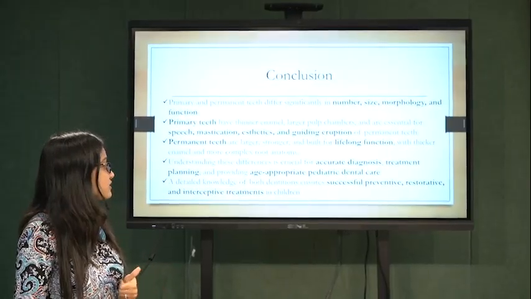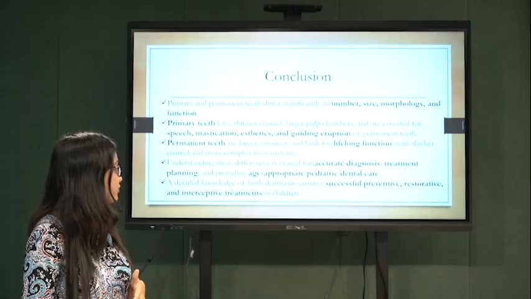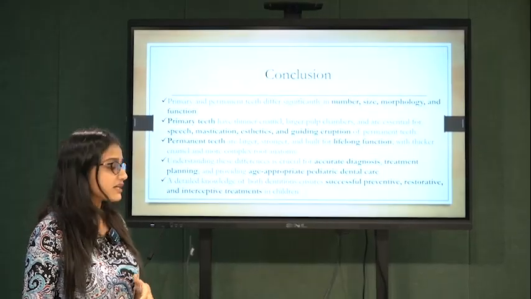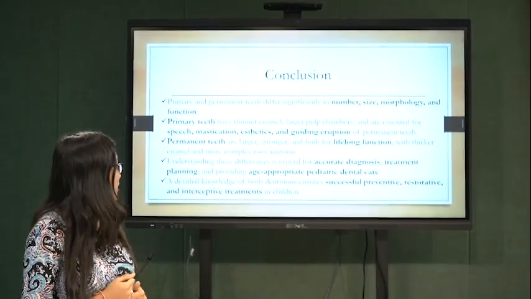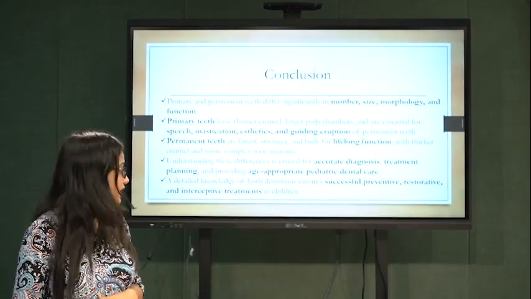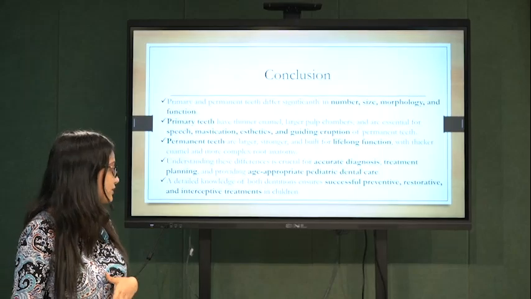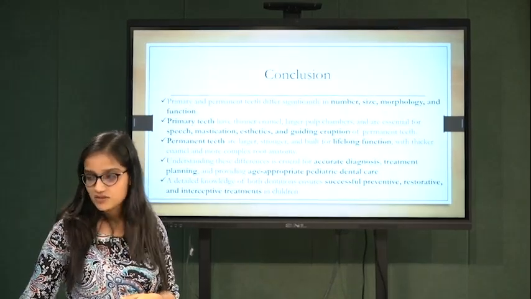Understanding these differences is crucial for accurate diagnosis, treatment planning and providing age-appropriate pediatric dental care. Detailed knowledge of both dentitions, primary and permanent, ensures successful preventive, restorative and interceptive treatment in children. So, thank you.